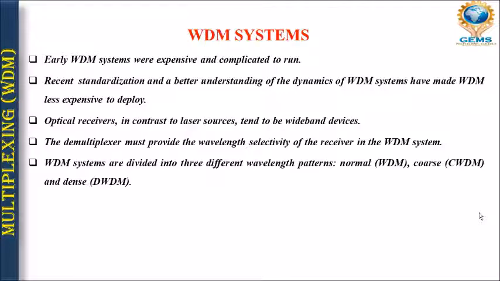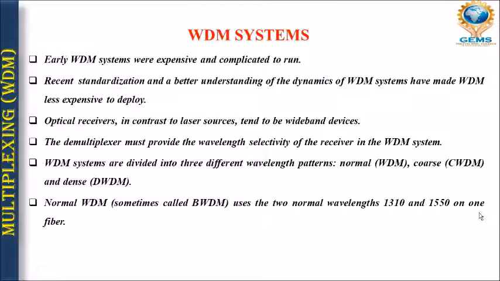So we will also have a quick review of coarse WDM and dense WDM in a later section. Normal WDM is sometimes also known as BWDM, which has wavelengths between 1310 and 1550 on one fiber.